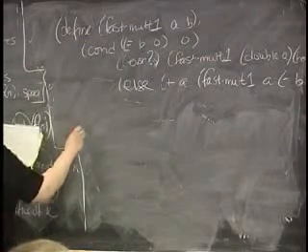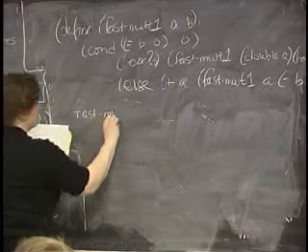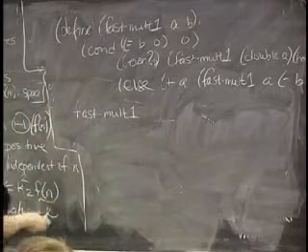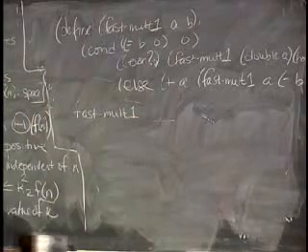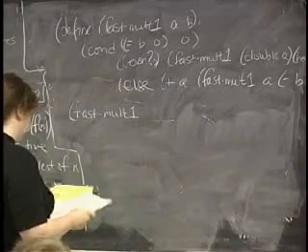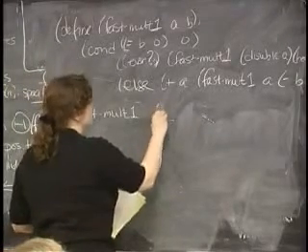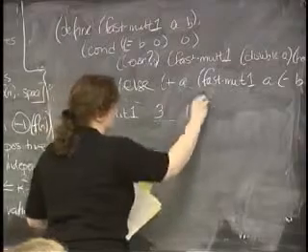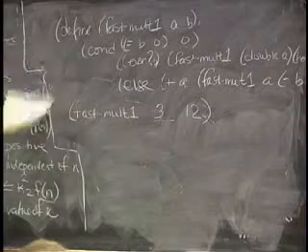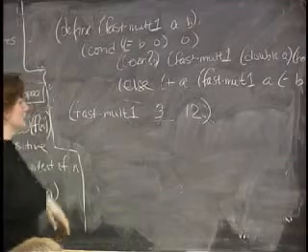And then let's look at fast mult of, oh heck, let's do 312. So our call, we go into the cond. Does B equal 0? No. Is B even?